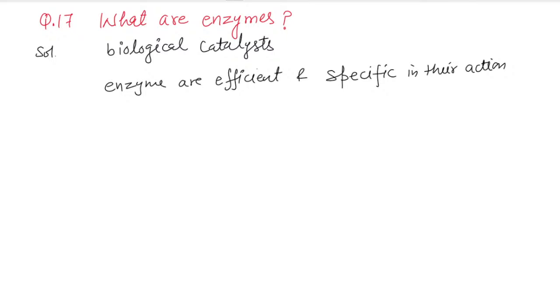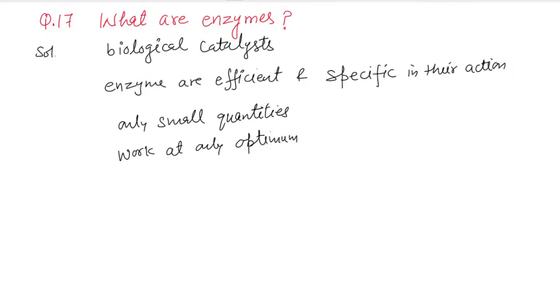To hydrolyze maltose, we need maltase, so we cannot interchange them. They are required only in small quantities, not in excess, and they work only at optimum temperature and optimum pH.